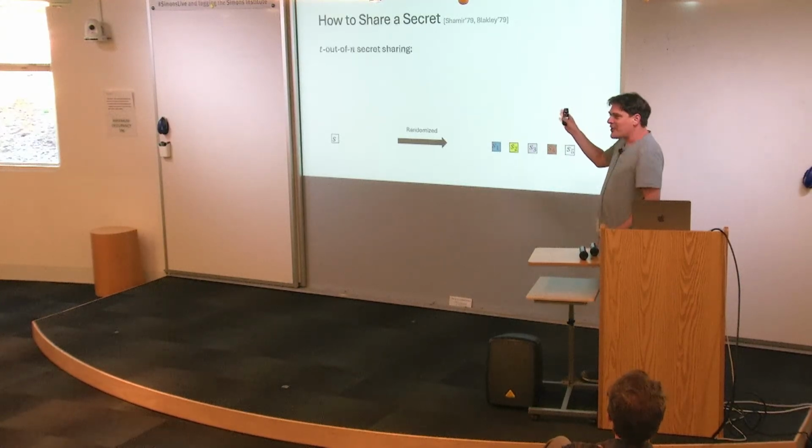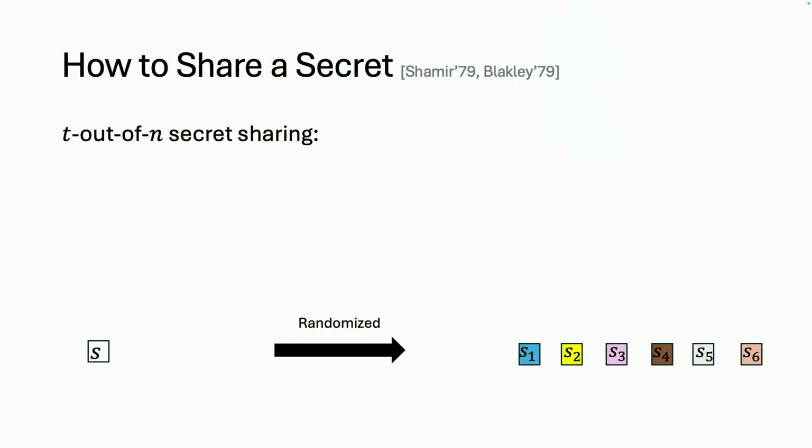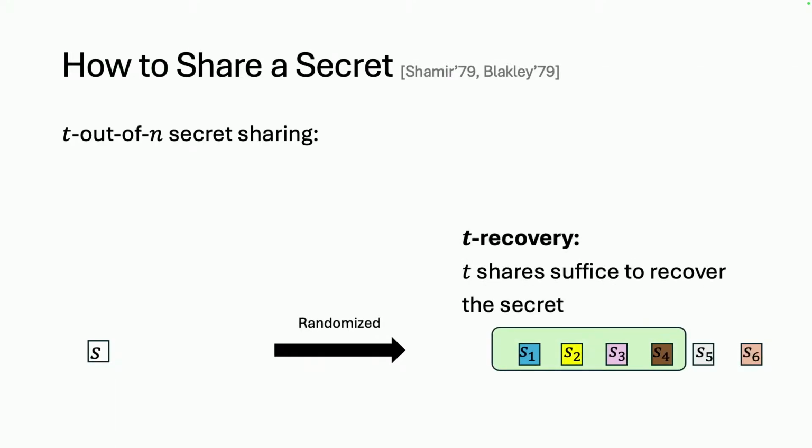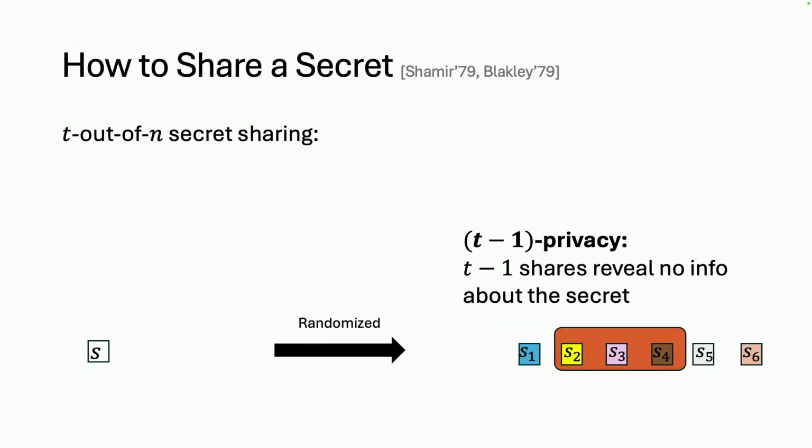Good, so standard secret sharing: we have a piece of data, a bit, or maybe a field element, and we have this randomized mapping that splits it into many shares, such that if you have T of these shares, you can recover the secret, and if you have only T minus 1, you learn nothing about the secret. That's a classical notion we all know, and I guess love.